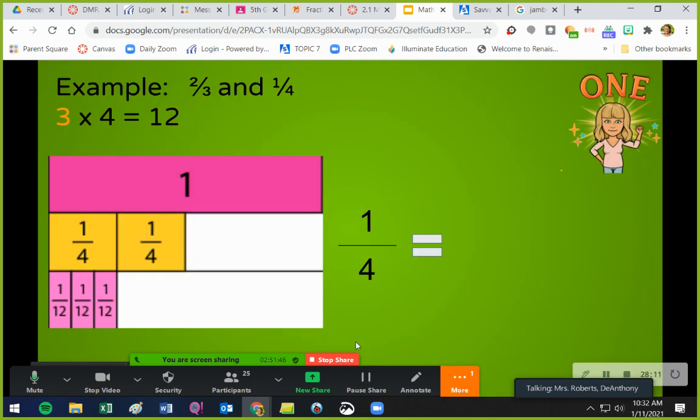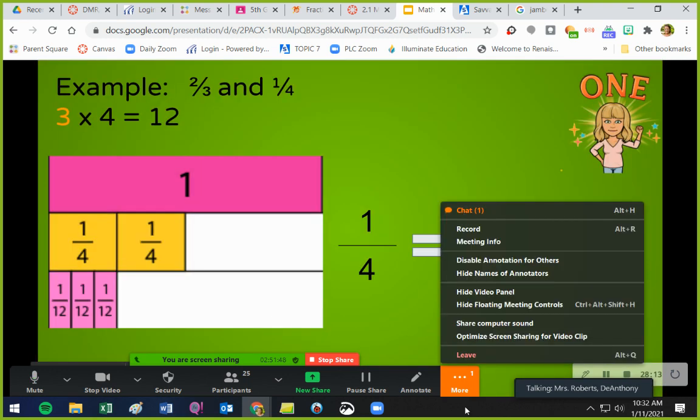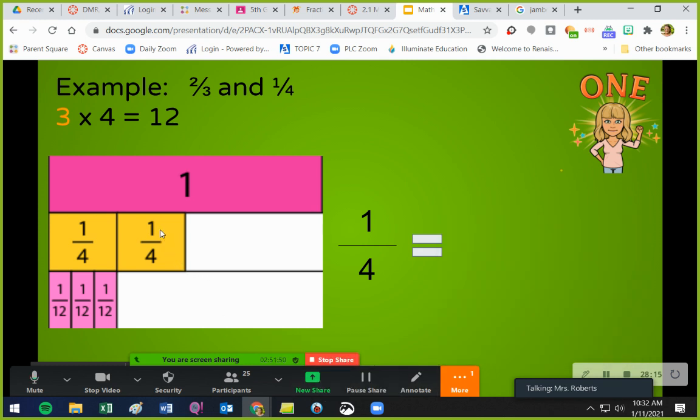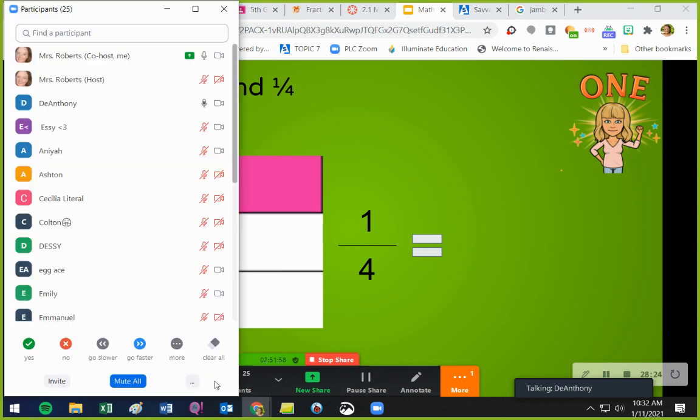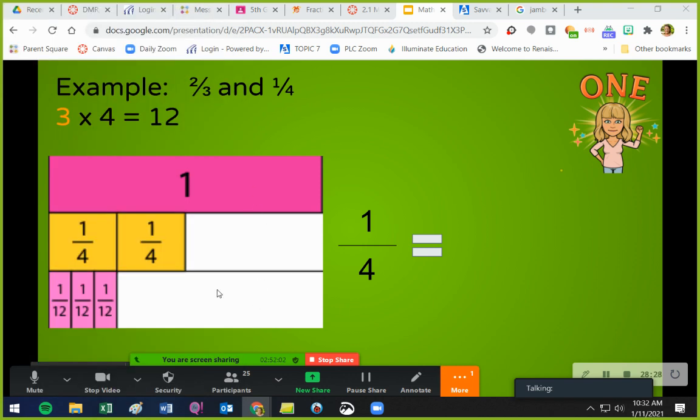What about this one? I didn't need this 1/4. I think I made a mistake right here when I did this. I don't need this one. How many 12ths is 1/4 equal to?